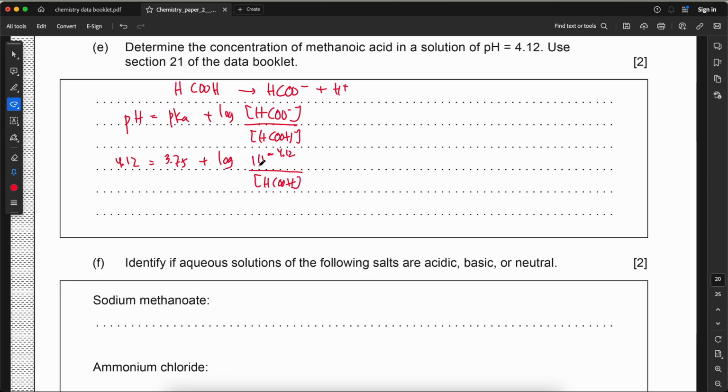Okay, so 10 to the power of H plus here. Therefore, the concentration of HCOOH after you do the calculation would be 3.24 times 10 to the power of -5 mole per decimeter cubed.